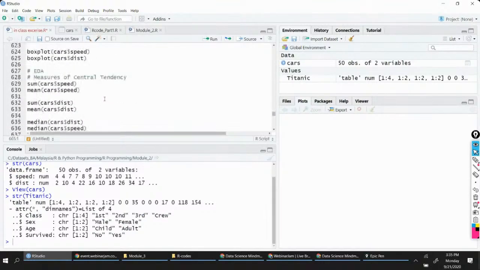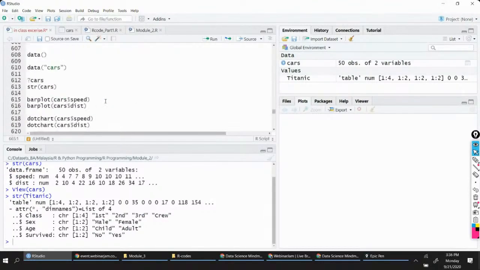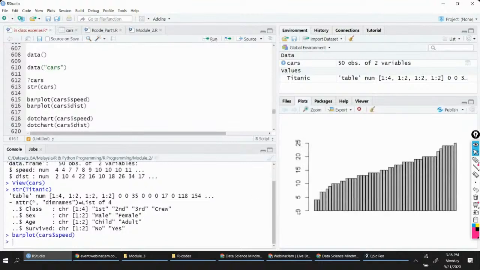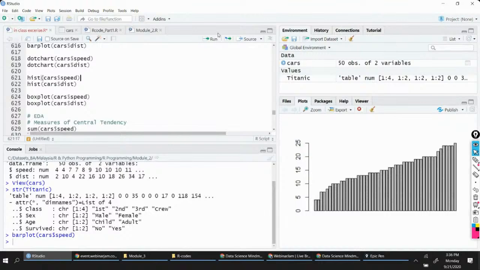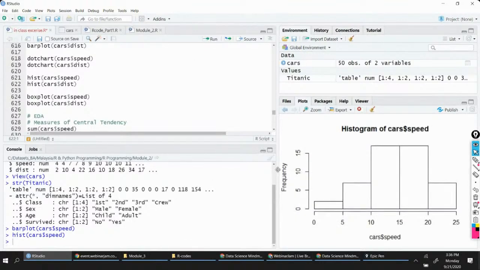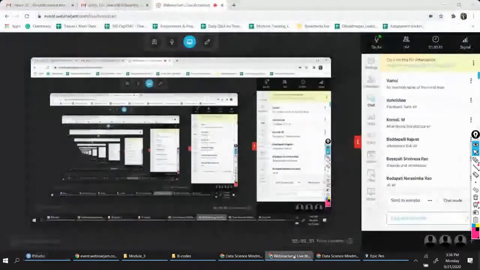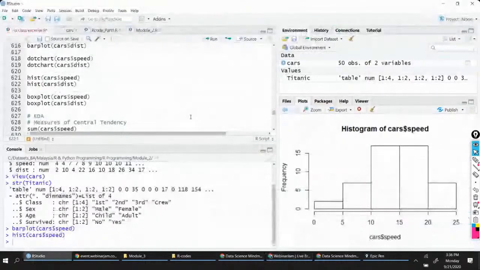Now I'm coming up with visualizations. I can simply calculate a bar plot. It is talking about the distribution of the data only, right? I can also use a histogram, which will give us an even better picture of the probability distributions, so you can see the shape.